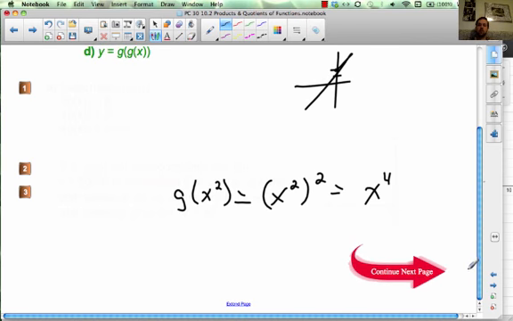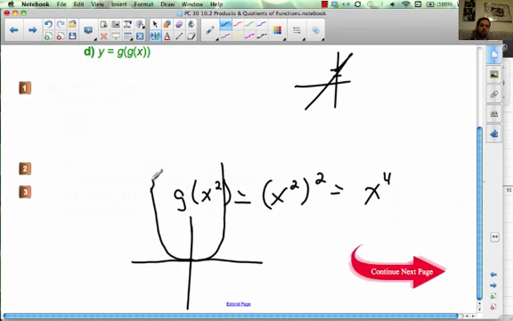This final one, we ended up with a quartic function. Now, a quartic function will look a lot like a quadratic. This one opens upward, has its origin at 0 and 0. It just opens up a little wider than your typical quadratic. So it'll look like that. And again, your x for this quartic will go on forever to the left and right, albeit slowly.